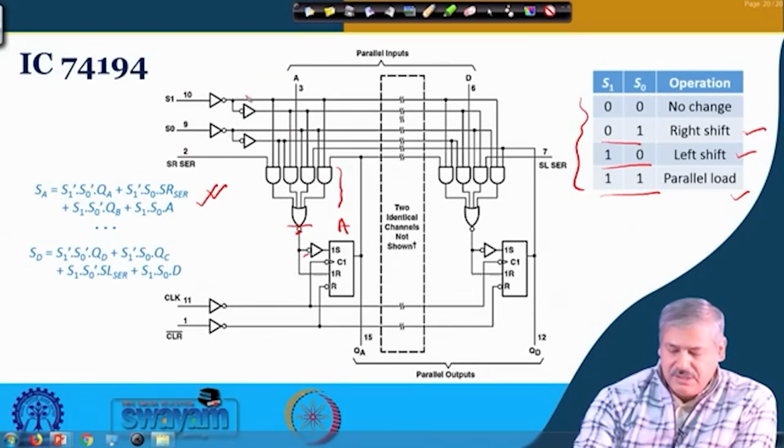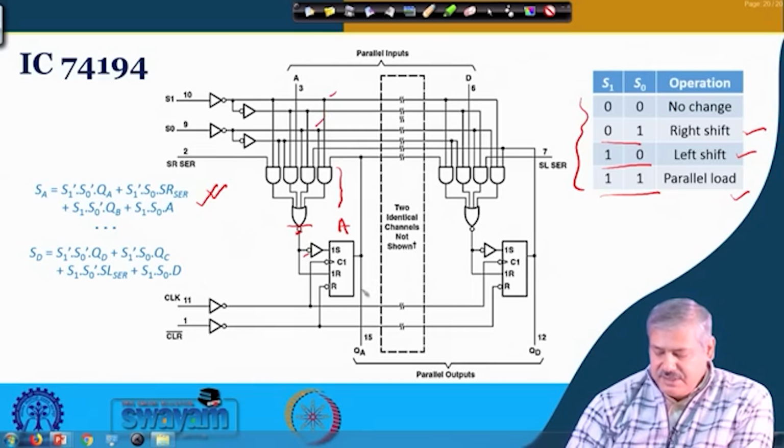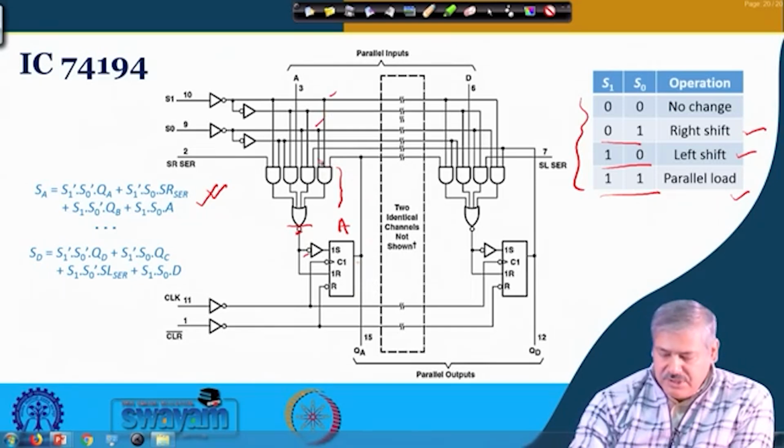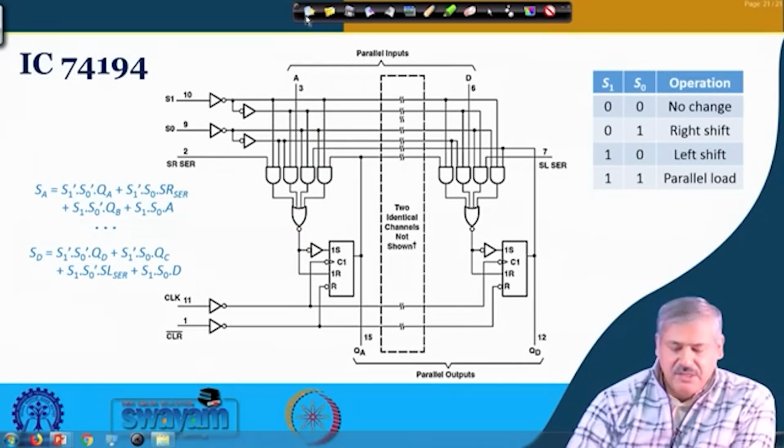S1 is here, so S1 prime is this line, and S0 prime, okay. So, this line is S0 prime and this is your QA. So, this is S0 prime, this is S1 prime and this is your QA. So, these are the 3 inputs, okay. That is what you see as the AND output, which is ORed with the rest of the inputs, okay.